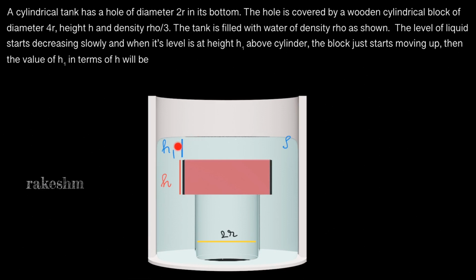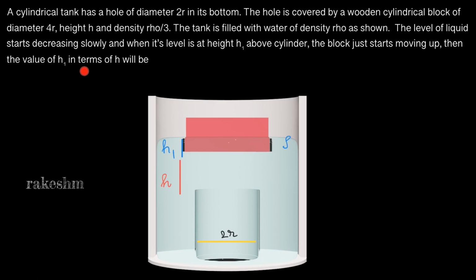So when the level of this liquid is at a height h1 above the cylinder, then the cylinder starts moving up. The value of h1 in terms of h will be dash. So he's asking what is this h1 in terms of the height of the cylinder.